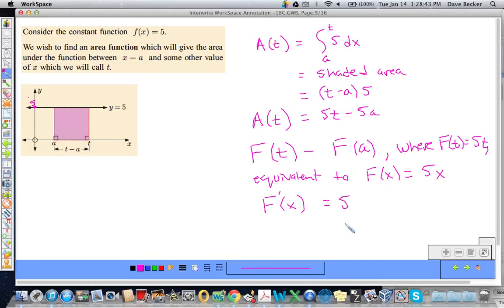So capital F of x is the antiderivative of f of x, right? Because f of x was 5, and the antiderivative is 5x right here. In other words, if I take the derivative of 5x, I get 5. That makes it the antiderivative of 5. Okay, so put that in your back pocket.